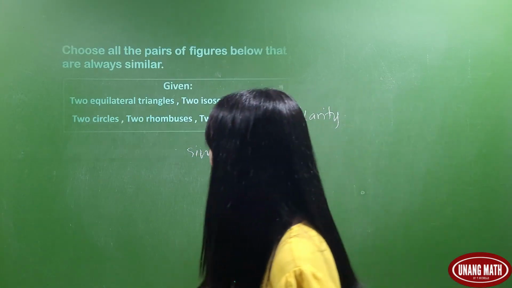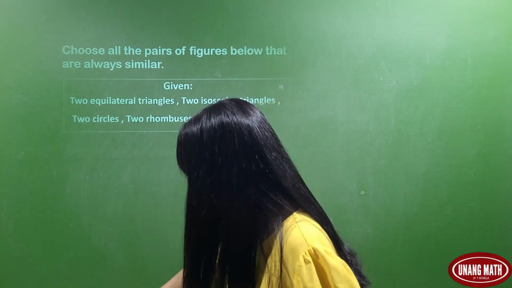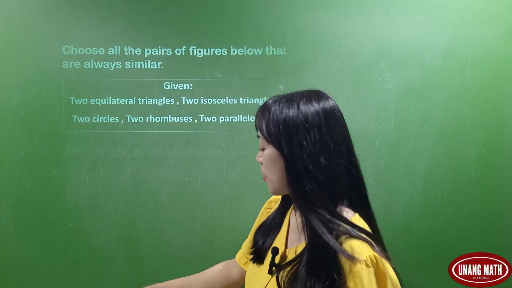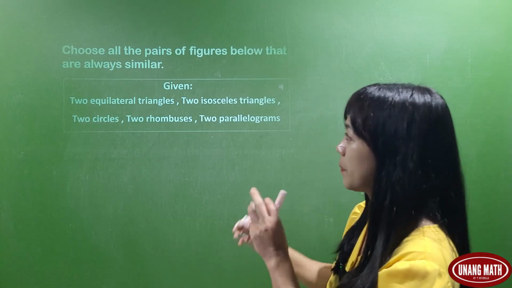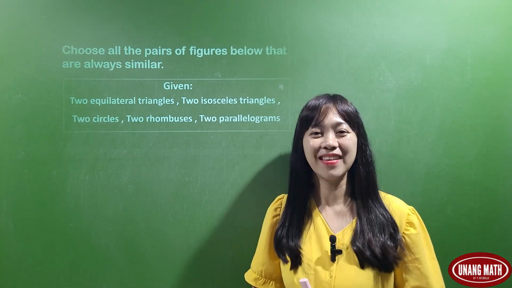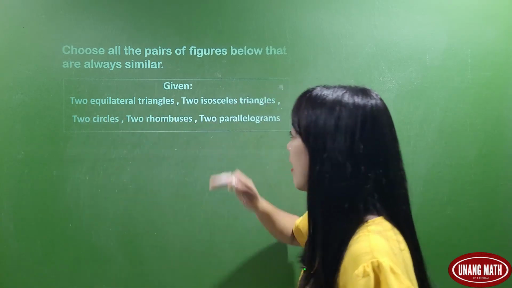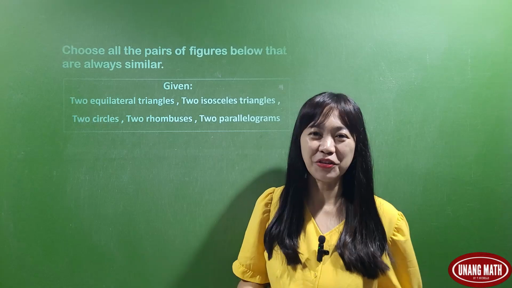Okay, now let's answer the following simple questions. First, we are going to choose all the pairs of figures below that are always similar. We have here 1, 2, 3, 4, 5 options or choices.